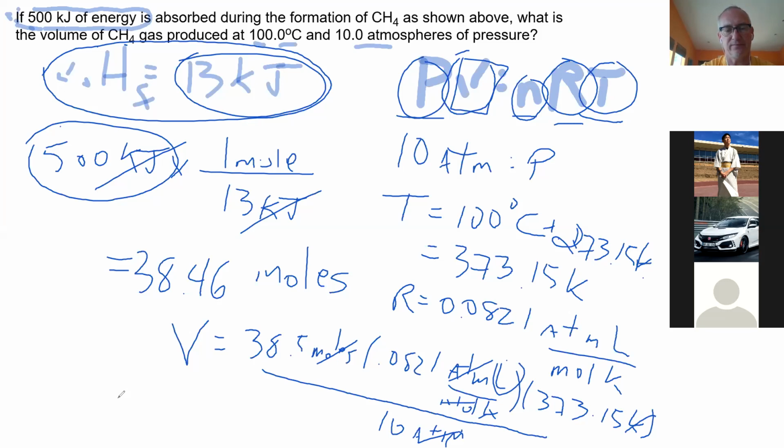So basically, I'm left with liters, which is what I want because volume should be in liters. So how many liters do I get? It's 38.5 times 0.0821 times 373.15, and then divide the whole thing by 10.